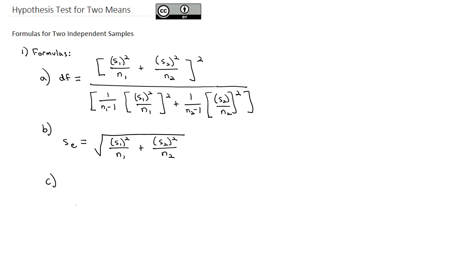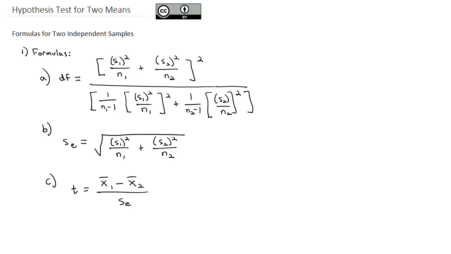And then once I have that information, then we're ready to actually calculate the test statistic t. The test statistic t that we're going to use to compare two different means is we're going to take the first average, subtract the second average, and divide it by the standard error.